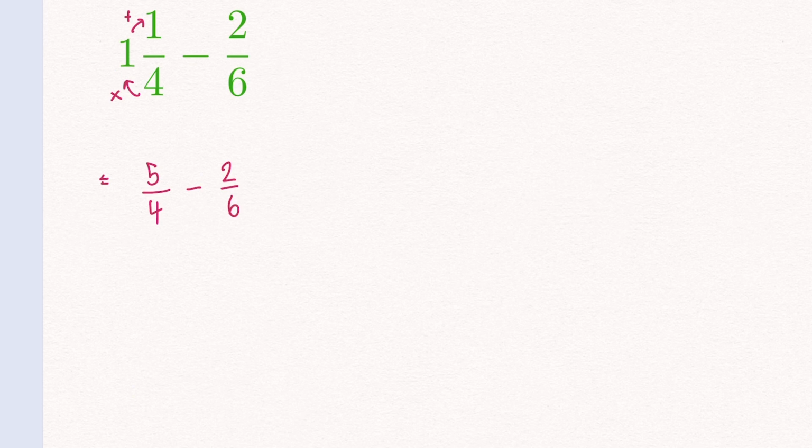We now have two fractions, one with the denominator of 4 and the other with 6. So we need to find the common denominator by thinking about the lowest common multiple of 4 and 6. The multiples of 4 are listed, and then the multiples of 6.